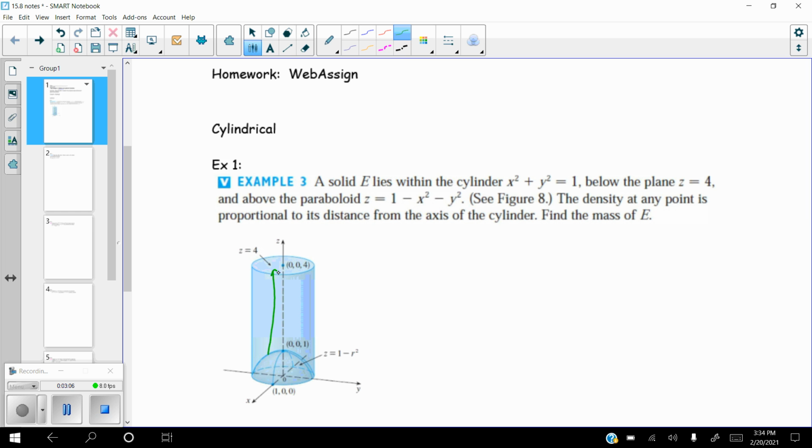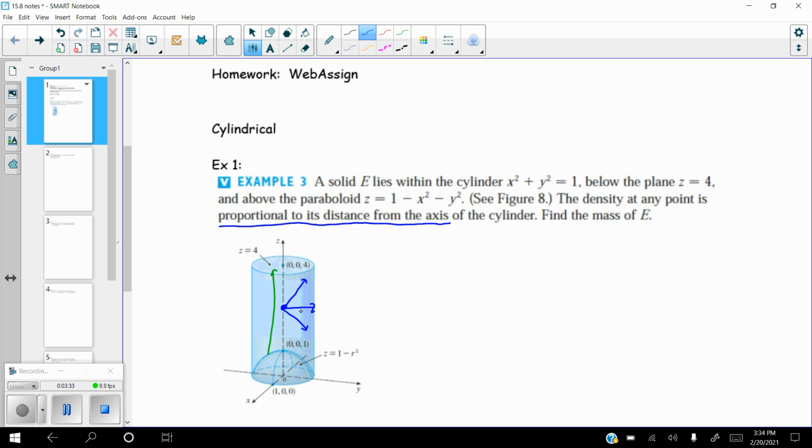So let's go ahead and define everything. First of all, it says the density at any point is proportional to the distance from the axis of the cylinder. Well, here's the axis of the cylinder, and the distance at any point out to the edge of this thing is just its radius.